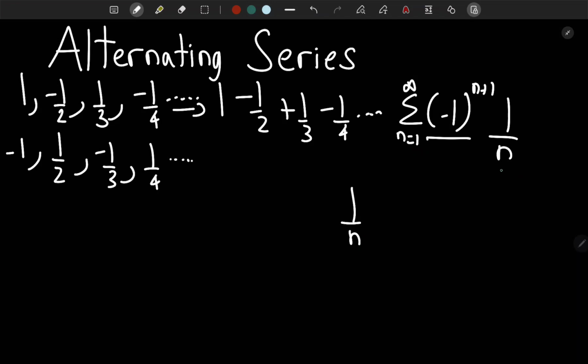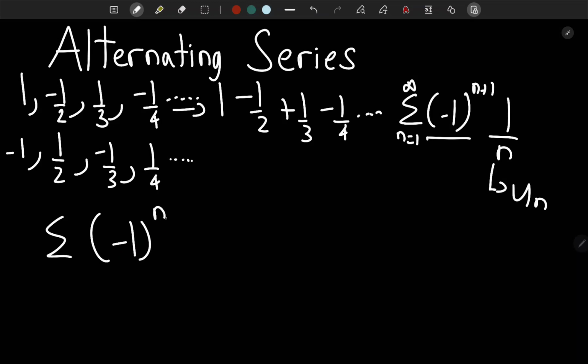Now this part, which is 1 over n, is to generate the value. So each time it's generating 1, 1 over 2, 1 over 3, 1 over 4, and so on until 1 over infinity. So these are the two components, and the 1 over n, the part where you generate the value, is called u of n, so u_n. And any general alternating series that you will see is denoted by this: negative 1 to the power of n, and sometimes it could start with a positive or a negative number.